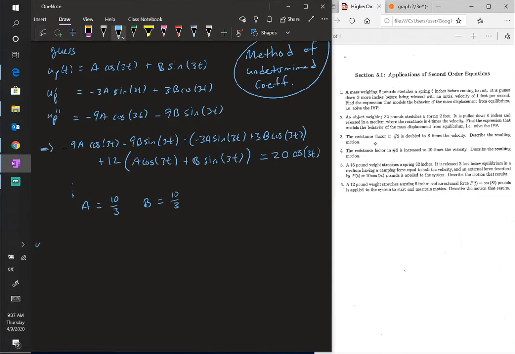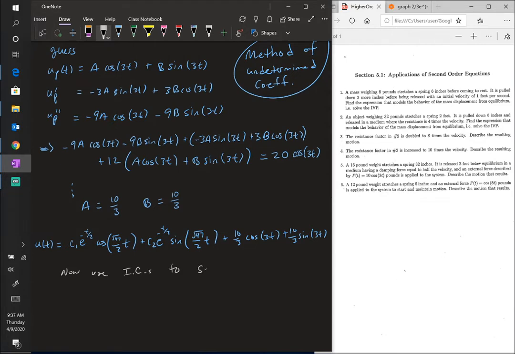So u of t is actually C1 e to the negative t over 2 cosine square root of 47 over 2 t plus C2 e to the negative t over 2 sine square root of 47 over 2 t plus 10/3 cosine 3t plus 10/3 sine 3t. Now we can use our initial conditions to solve for C1 and C2.